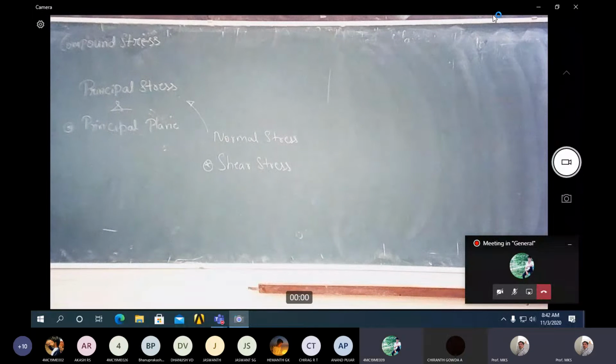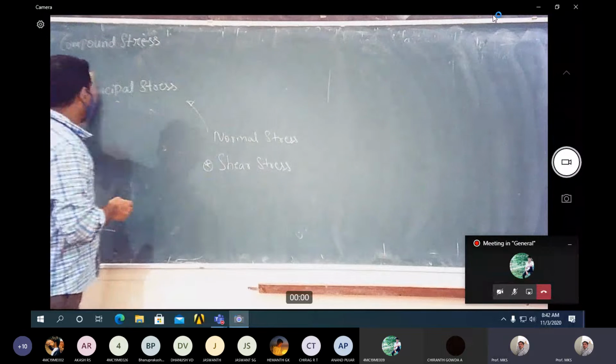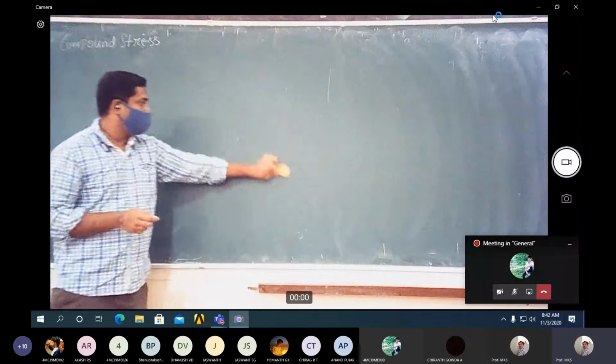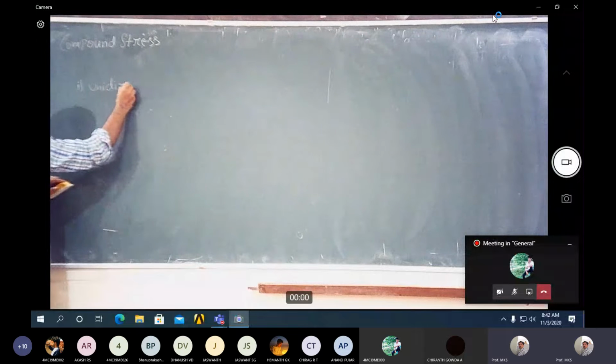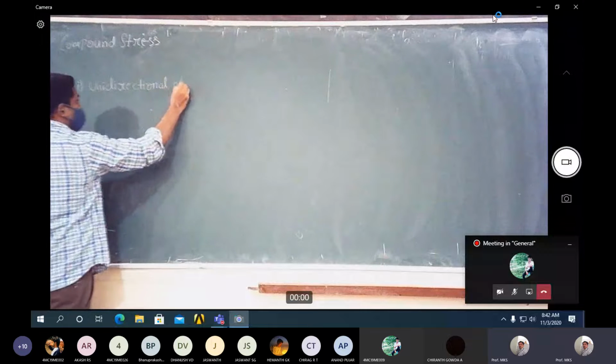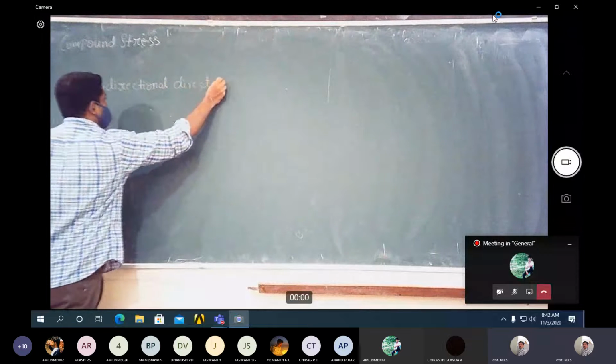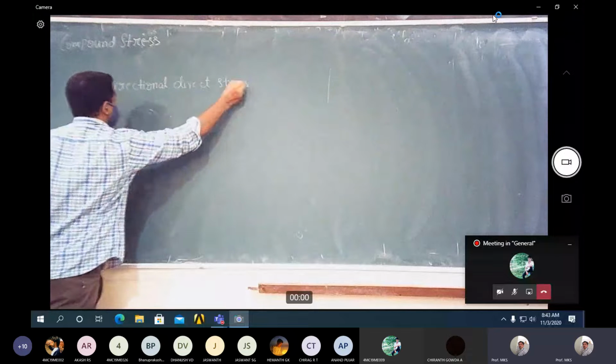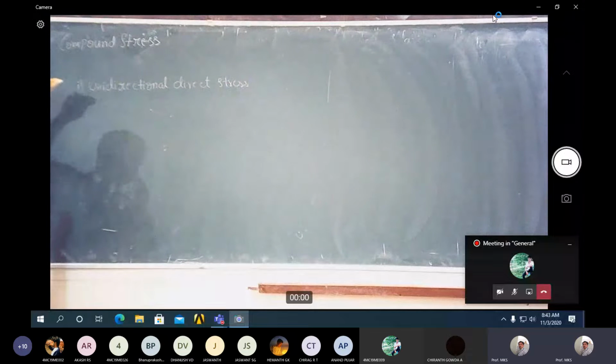Next, in a compound stress, there are three kinds of systems of stress that may be acting, and you need to derive the expression for all these types. The first type is unidirectional direct stress.